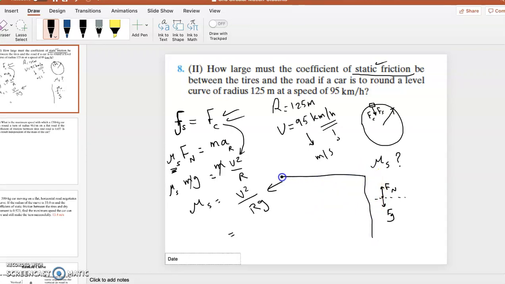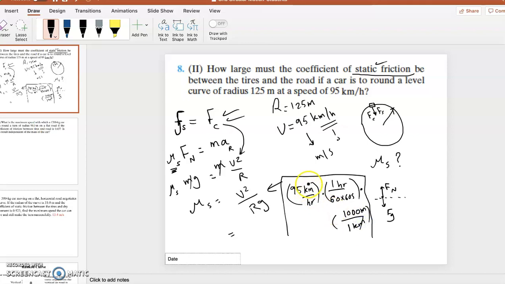Let me convert 95 kilometers per hour. If you recall how I used to convert, we say 1 hour has 60 times 60 seconds, and times another factor for the kilometer. 1 kilometer is equal to 1,000 meters.